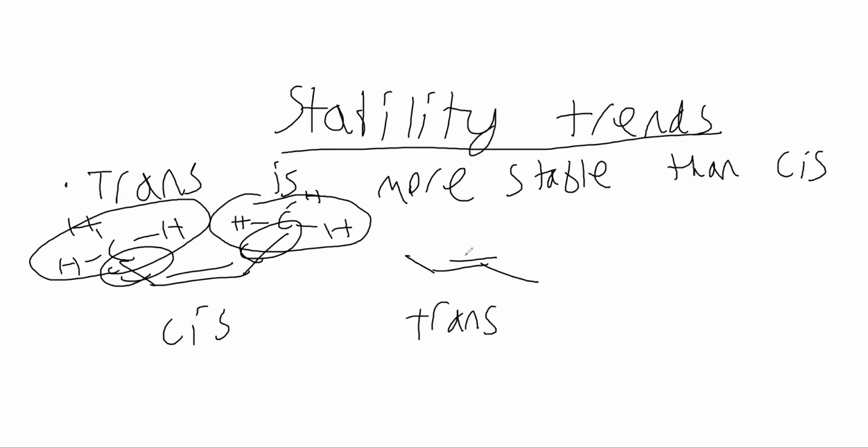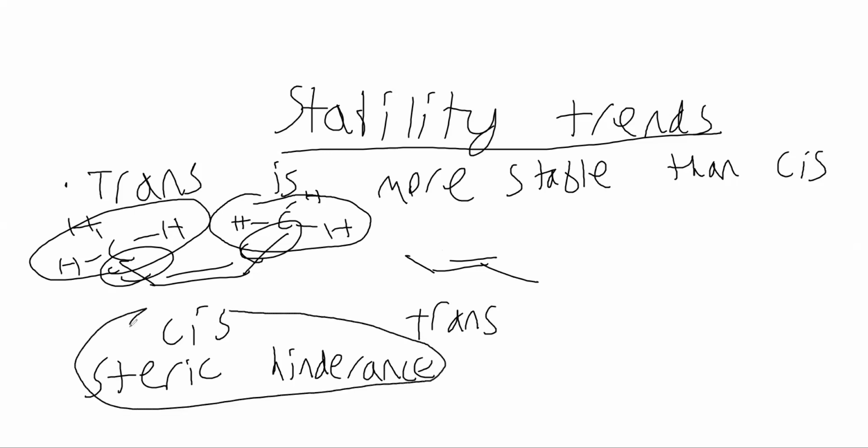In fact, they're probably not bothering each other at all. So with cis, there's steric hindrance. And then with trans, there's not steric hindrance. So the steric hindrance makes cis unstable versus a lack of instability for trans that makes trans more stable.